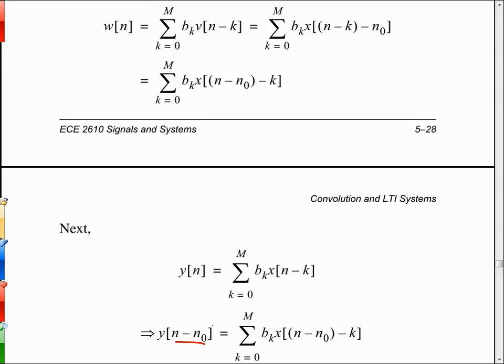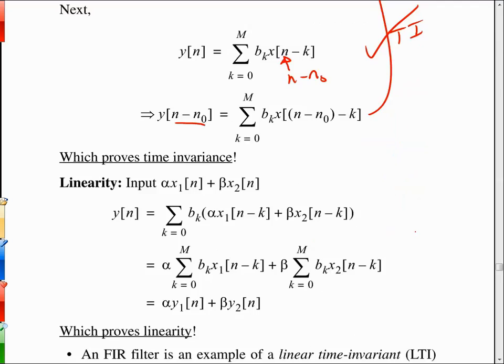So if I delay it by n naught samples, that replaces the n in here by n minus n naught, and those two are now equal to each other. So the system is time invariant.